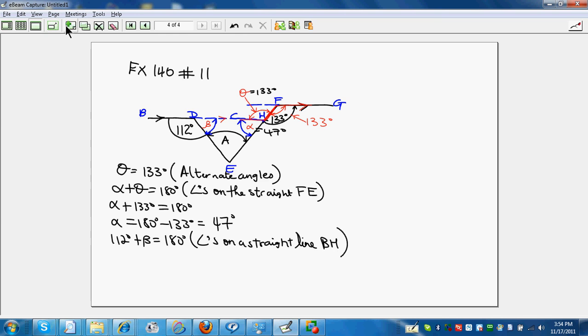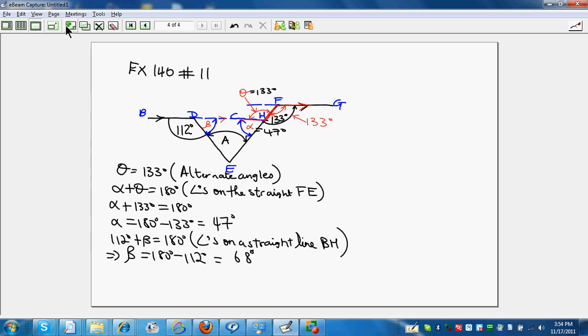So therefore, beta would be equal to 180 degrees minus 112 degrees. You get 68 degrees. That will be equal to beta.